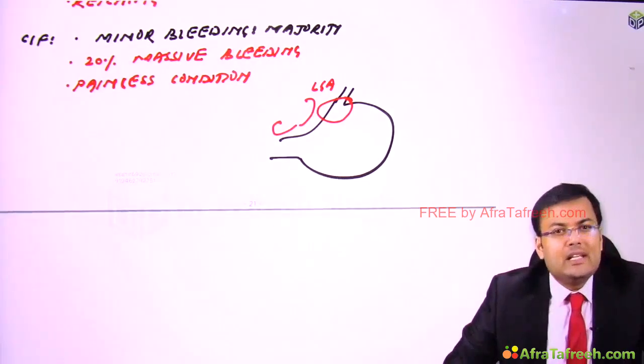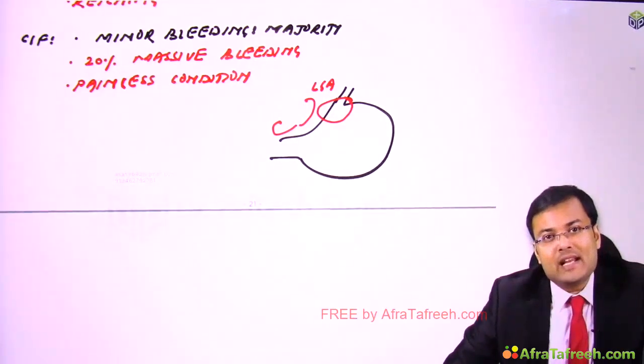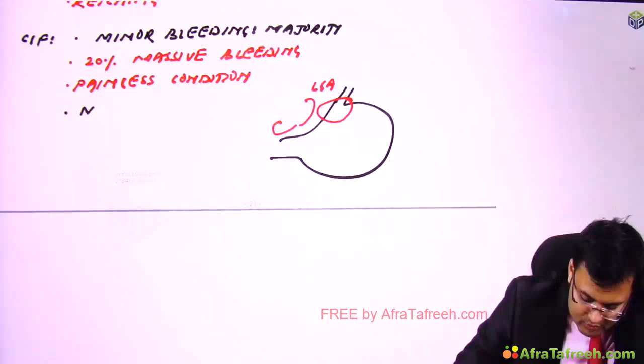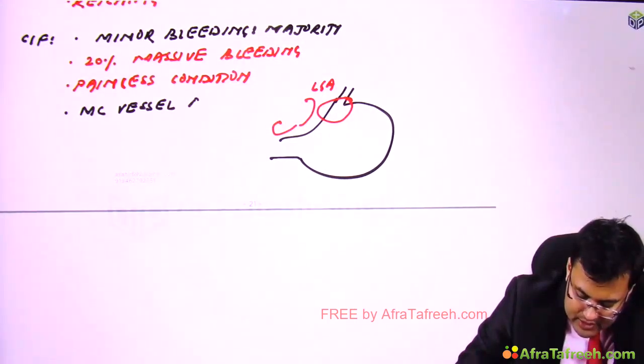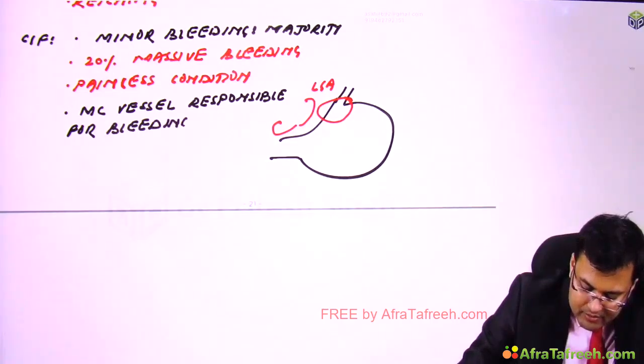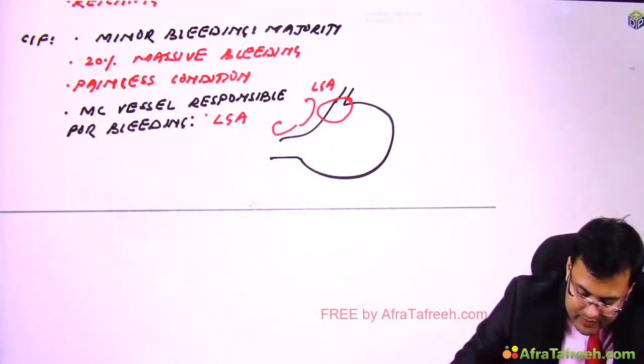Second question, there is another question in anatomy. What's the largest vessel supplying the stomach? It's the left gastric artery. So two questions. First, what's the most common vessel responsible for bleeding in Mallory-Weiss syndrome, and it's the left gastric artery.